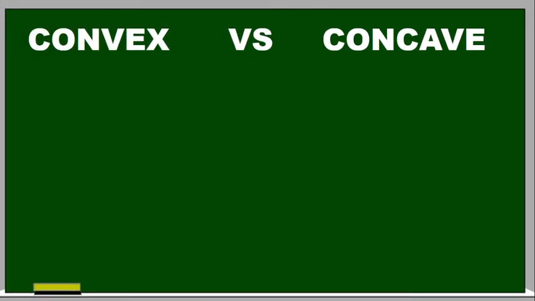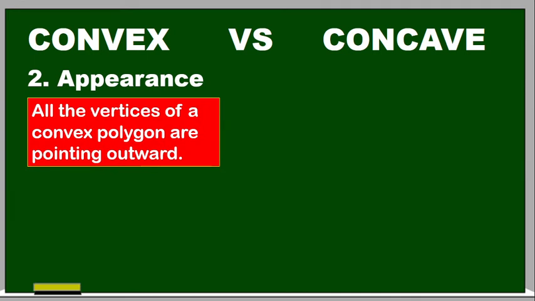Okay, next. The difference between convex from a concave polygon with regards to its appearance. Okay, ano yung itsura niya? All the vertices of a convex polygon are pointing outward. Okay, pointing outward.